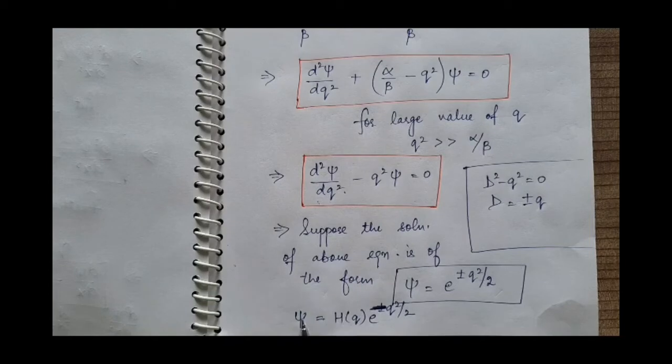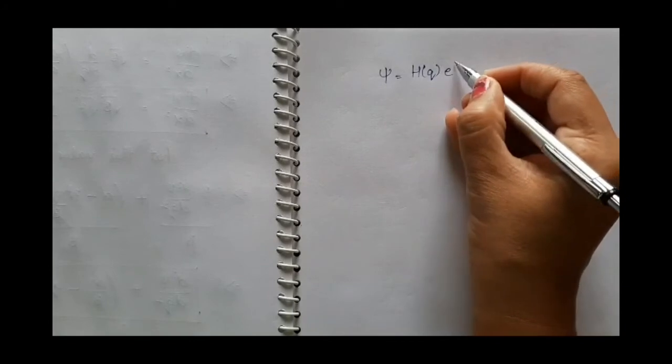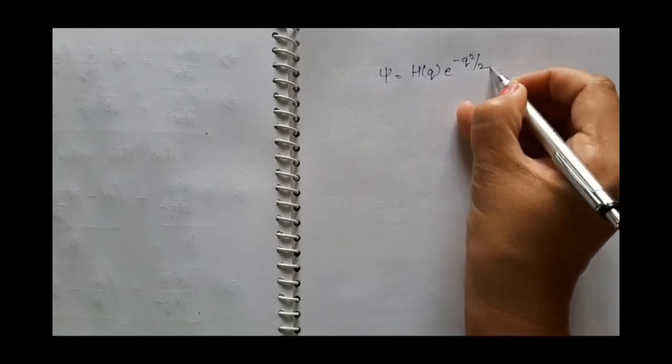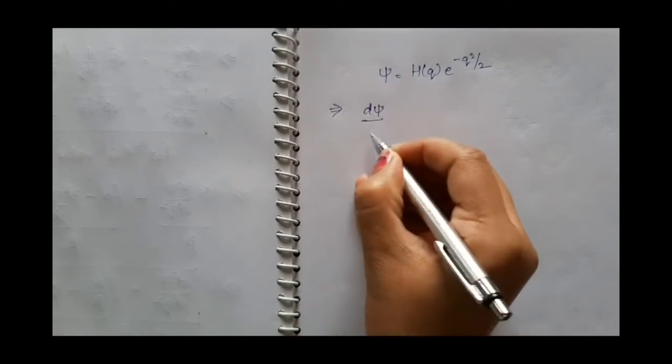So we have psi, find d psi by dq, then d square psi by dq square. So psi is equal to hq e raised to power minus q square by 2. Then what will be d psi by dq?